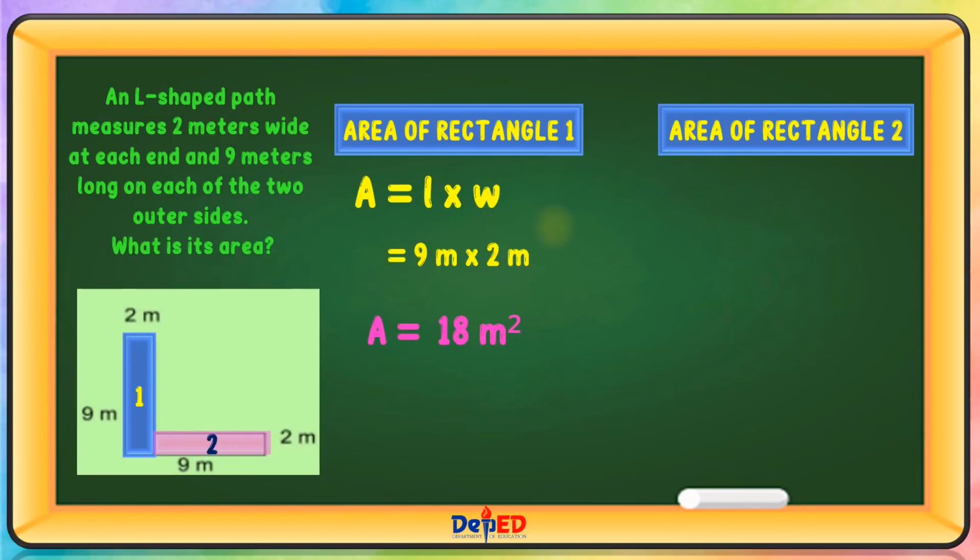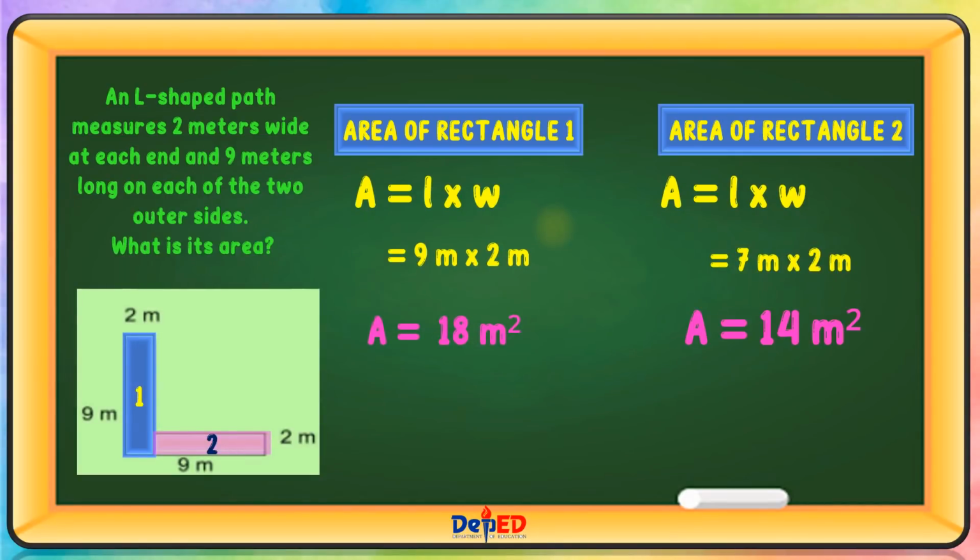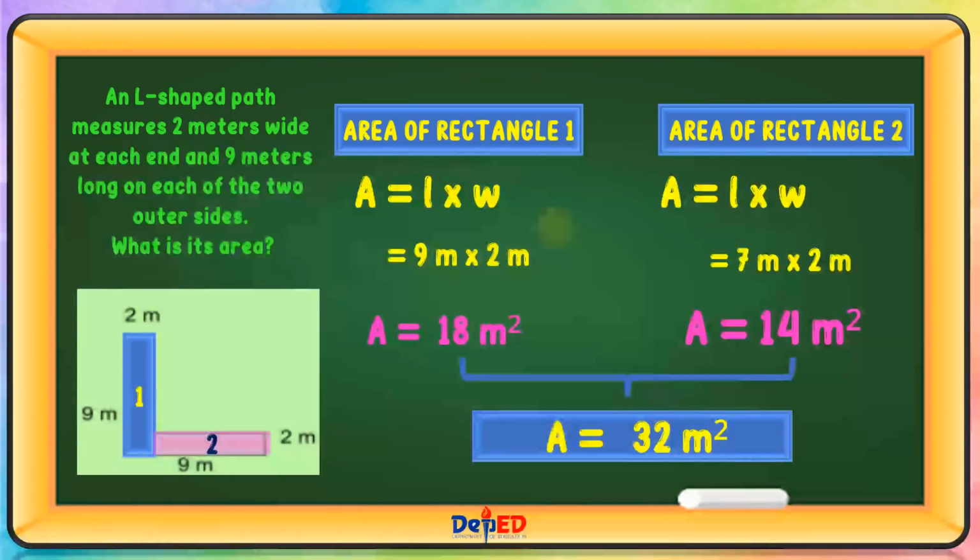Area of rectangle 2 is length times width. Length is 7 meters times 2 meters equals 14 square meters. 18 square meters plus 14 square meters equals 32 square meters.